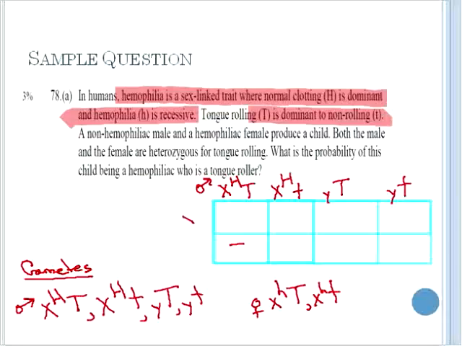For the female, X little h big T, X little h little t. Completing the square, which I'll do here now.